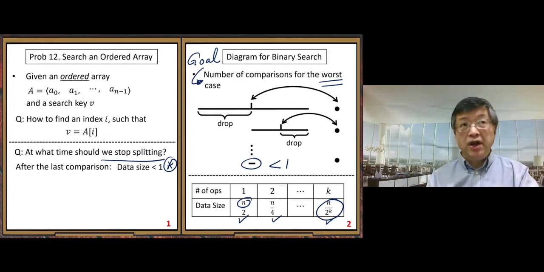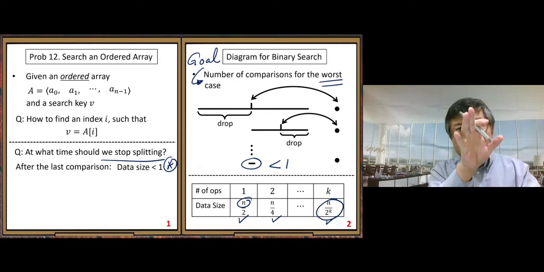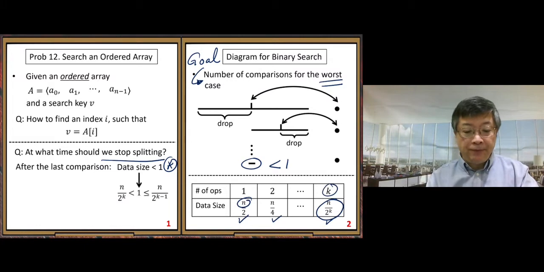So here, I use the math formula to find that k. The data size expression should be strictly less than 1.